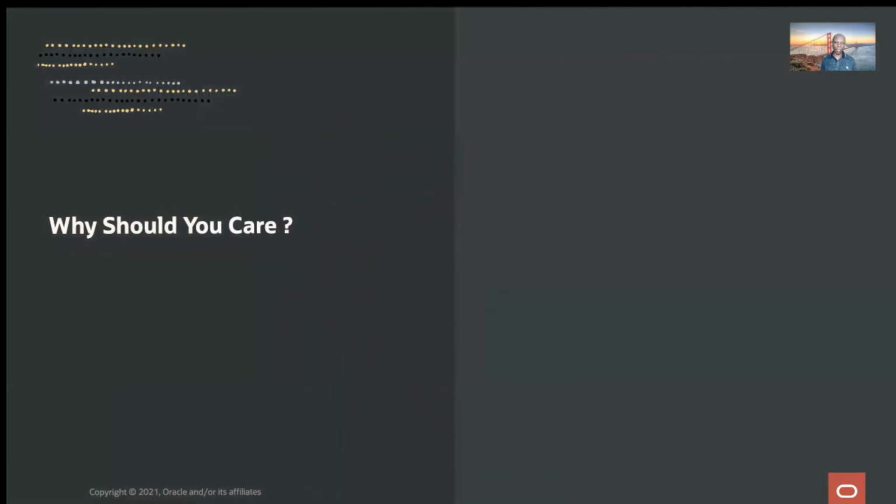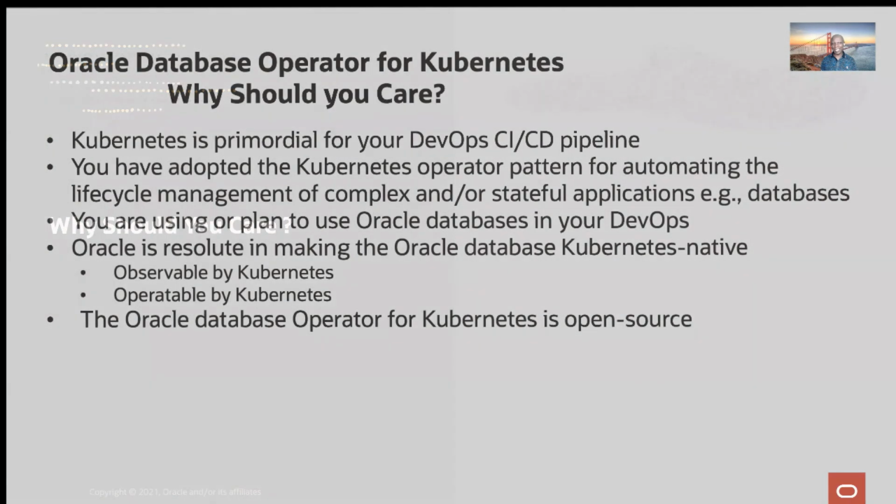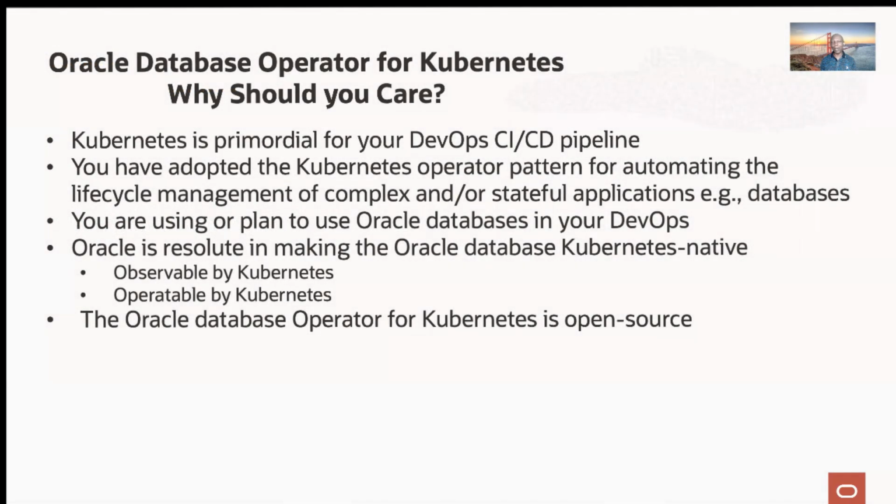So why should you care? That's the ultimate question, right? So the first is, I think we all agree that Kubernetes is essential for the DevOps CI/CD pipeline. This is very important, and many companies have embraced Kubernetes as part of the CI/CD pipeline.